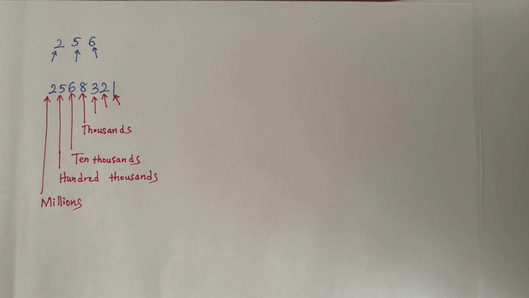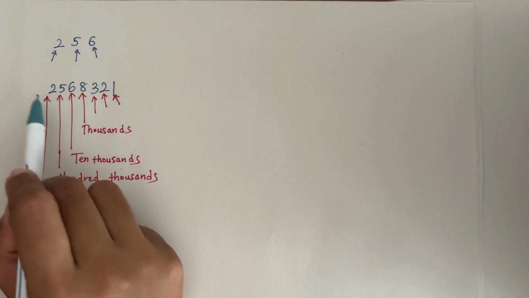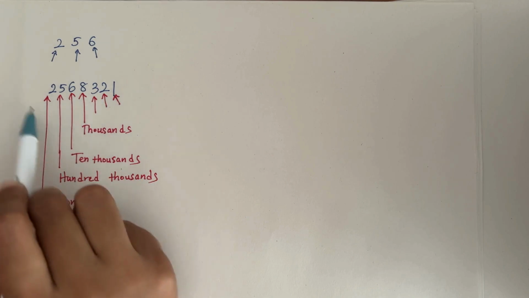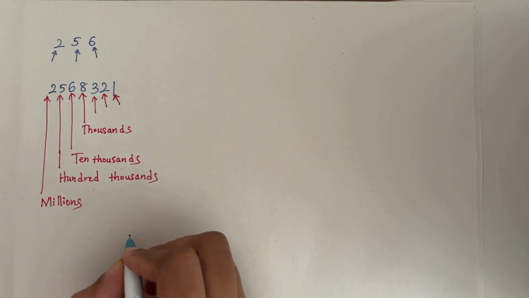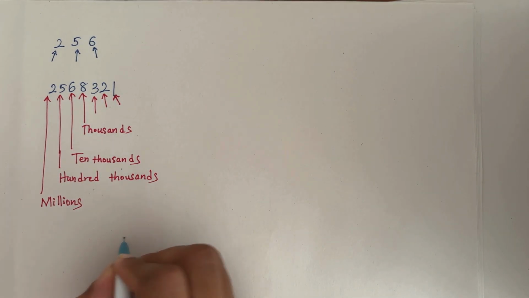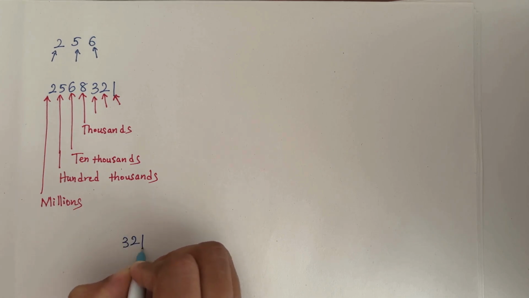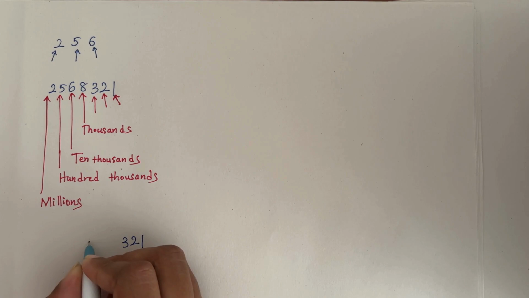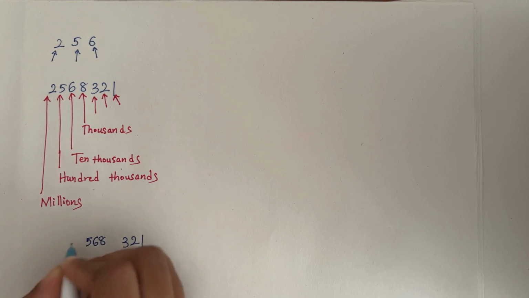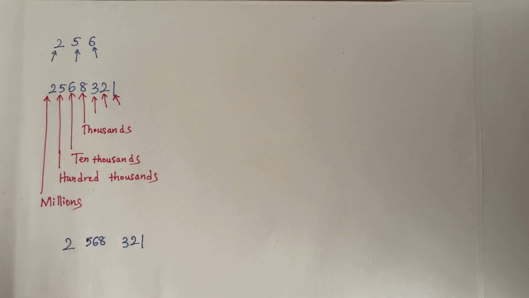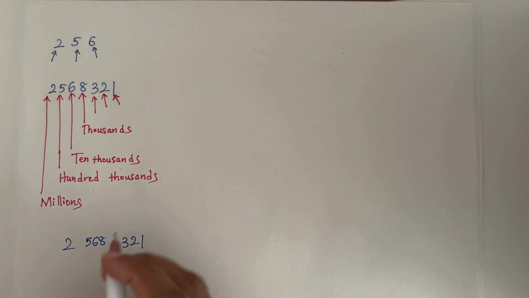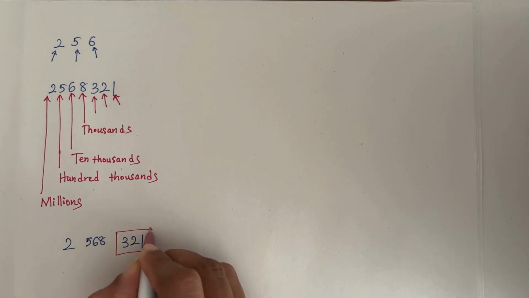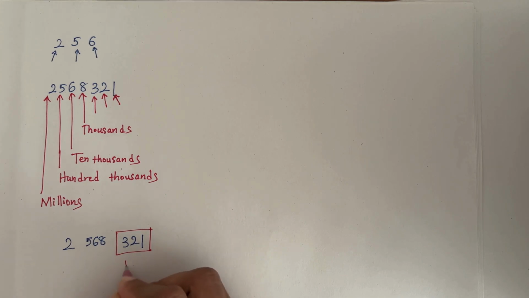So if we consider this number again, we can write this according to periods. Okay, periods means, okay, this one is known as unit period.